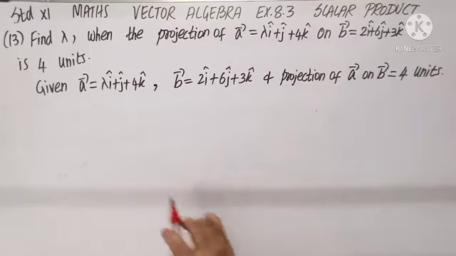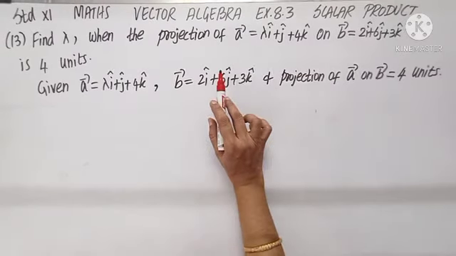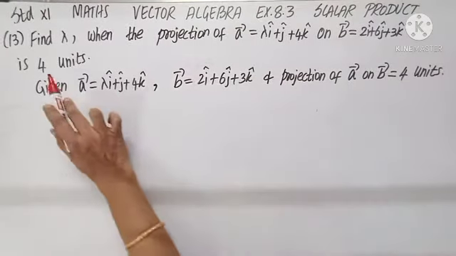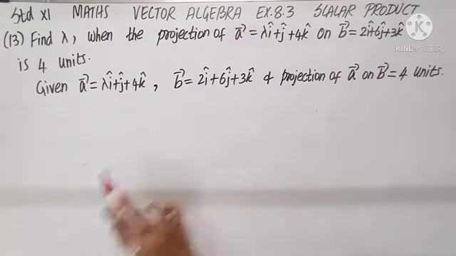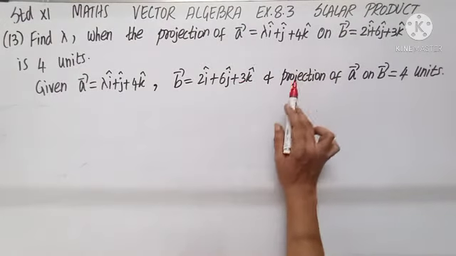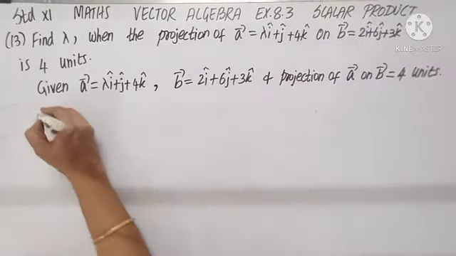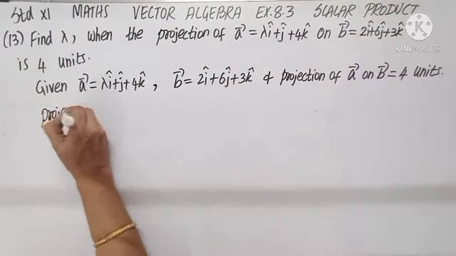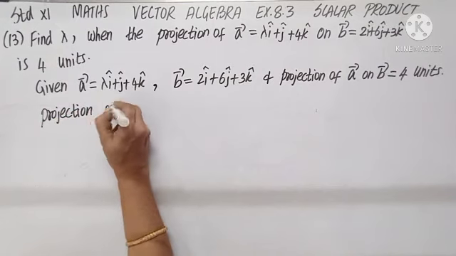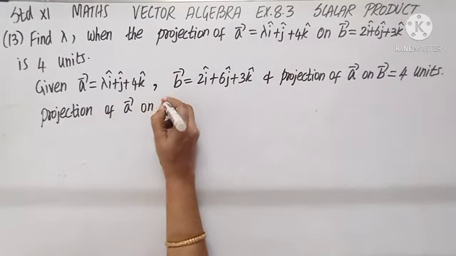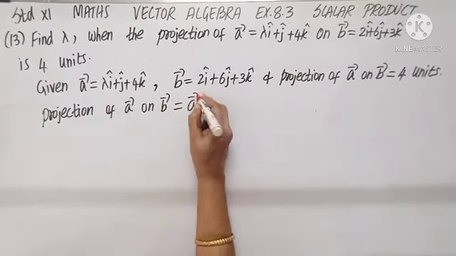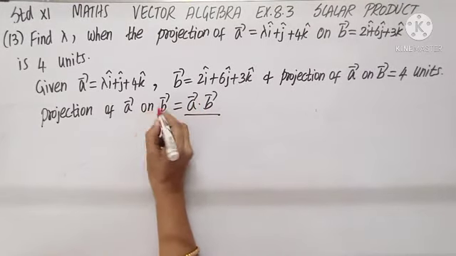Question number 13. Find lambda when the projection of A on B is 4 units. The given vectors A, B and the projection are mentioned. Let us recall the formula. Projection of A on B. We know it is A dot B divided by on what?